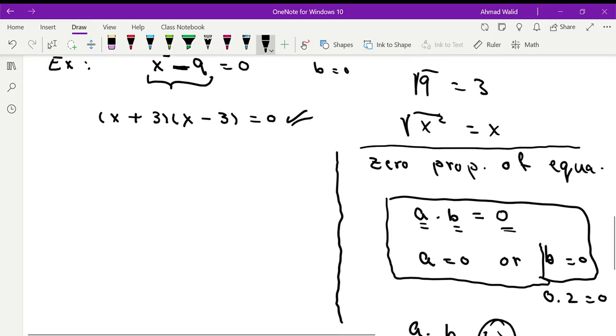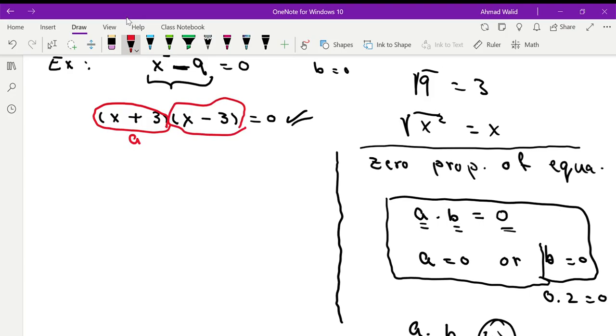Anyway, let's use it. Now, look, I'll use color notation again. The first parenthesis for me is A. The second parenthesis I'll see as B. Look, A times B equals 0. Now, from here, I can say x plus 3 equals 0, it means A equals 0, and or x minus 3 equals 0.